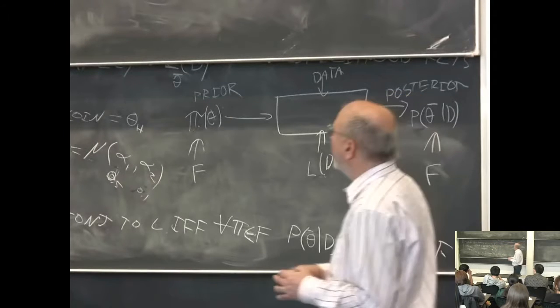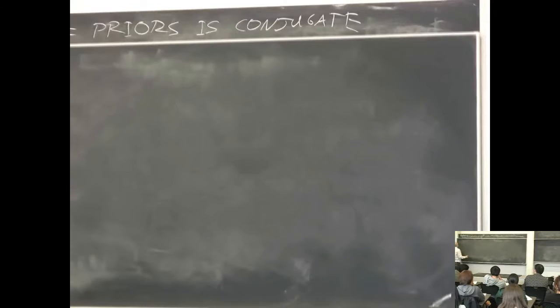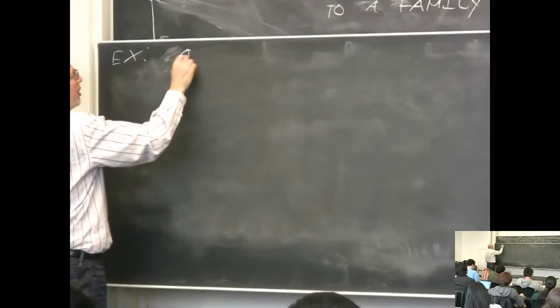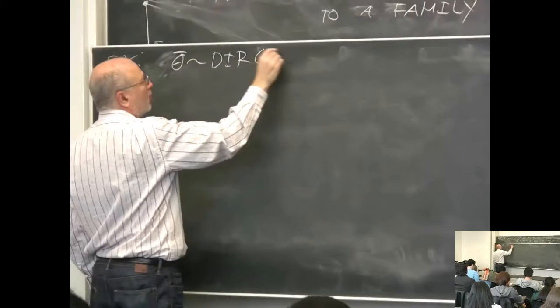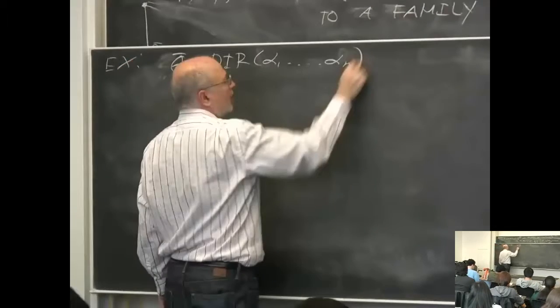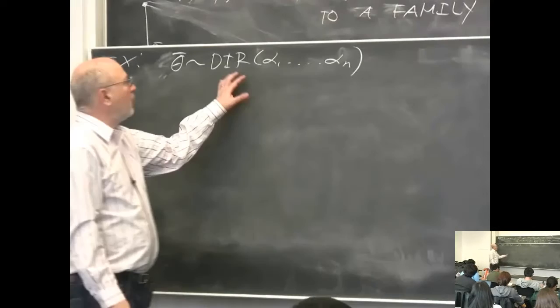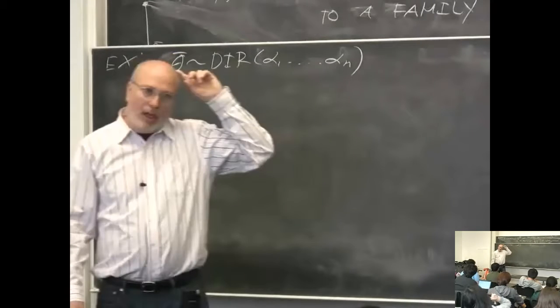Okay, so let's take an example. We said that theta can come from a Dirichlet distribution with alpha 1 through alpha n. And remember what the alphas mean in a Dirichlet.